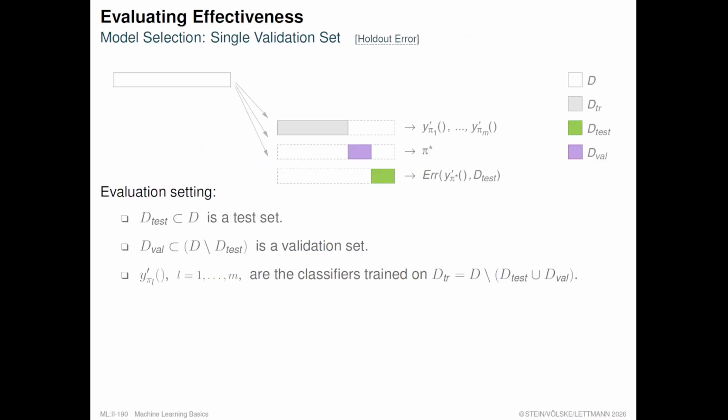And the idea basically is that we have another split. So we not only have our training set and our test set. The test set, again, is used to report the performance of the model. But we also have a validation set, in purple here, which is just used to determine which of these hyperparameter combinations is the best.